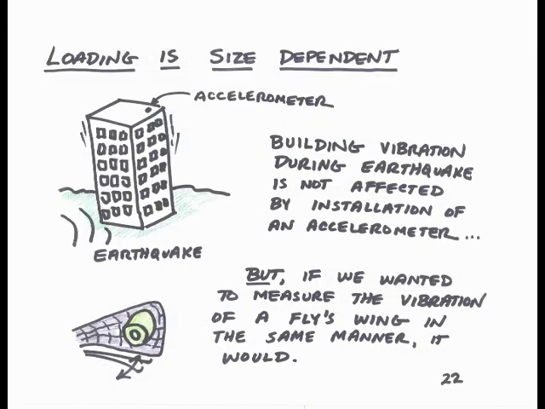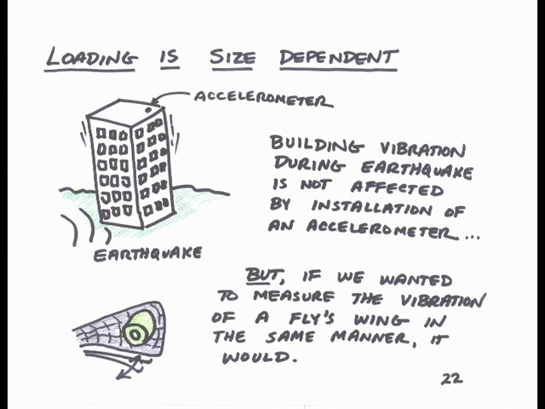But that does not mean that you'll never see loading with an accelerometer. The loading issue in mechanical systems is often size dependent. The building vibration in response to an earthquake is not affected by the presence of an accelerometer. But if we wish to measure the vibration of a fly's wing in the same manner, the motion of the wing of the fly would be affected by the addition of the mass of the accelerometer to the wing.